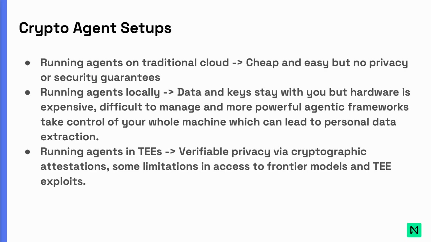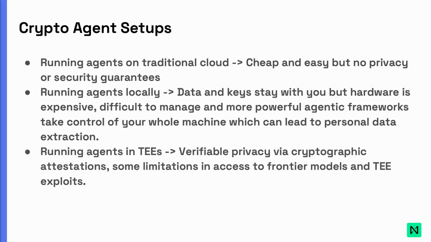So the final one, which is the best at the moment really, is running agents in trusted execution environments. If you don't know what a TEE is, it's basically an isolated part of a CPU where the host, like the person running the machine, can't see what data is inside of it, and they can provide a proof of what code is running in there.